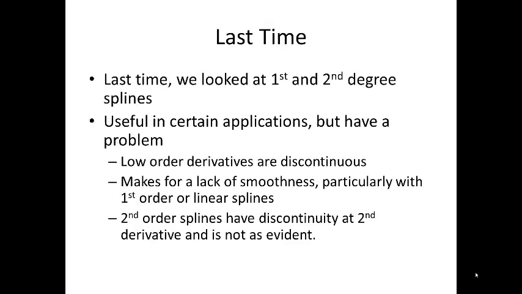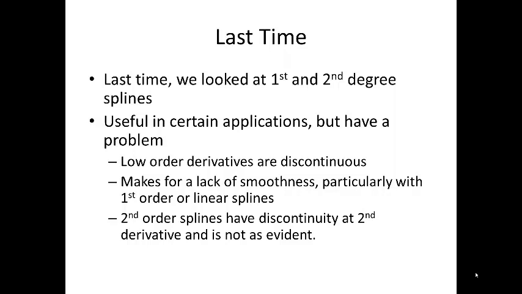So last time we looked at first and second degree splines, and they were pretty fun and allowed us to do some pretty cool approximations of curves. We found that they were useful in certain applications, but they generally do have a problem. In particular, the lower order derivatives are discontinuous, and that makes for a lack of smoothness, particularly for the first order linear splines, which gave us those jagged curves that we drew with the ruler.